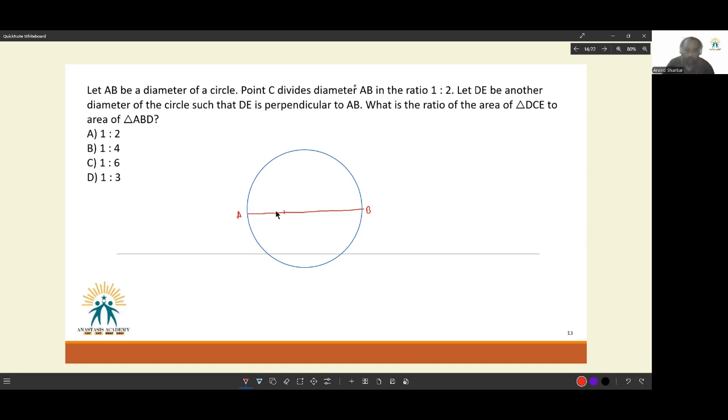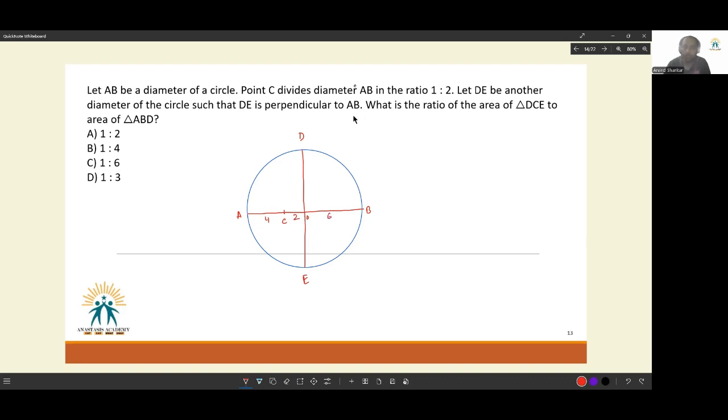So C, this is dividing it in 4 and 8. Okay. Let D be another diameter of the circle such that D is perpendicular to AB. So DE will go this way, D and E. What this does is it intersects at, let's say, O. So this is 2 and this is 6.